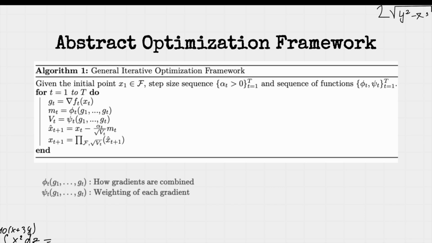Perform a gradient step to update x t plus 1 hat using the formula x t minus alpha t over square root of v t times m t. Finally, project x t plus 1 back to the feasible set using the projection operator. Functions phi t and psi t determine how the gradients are combined and specify the weighting of each gradient.